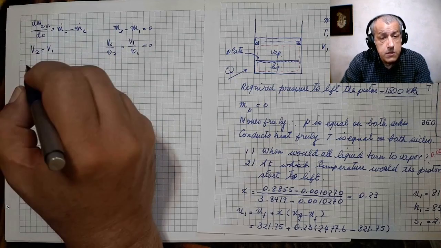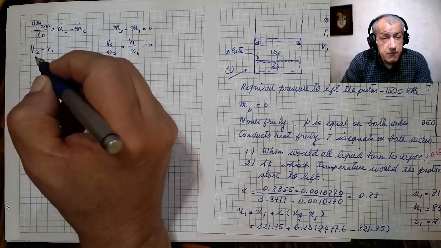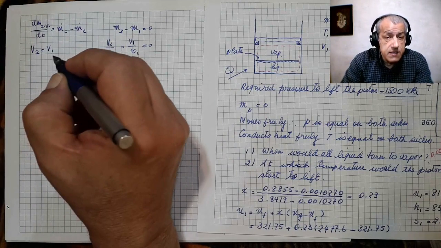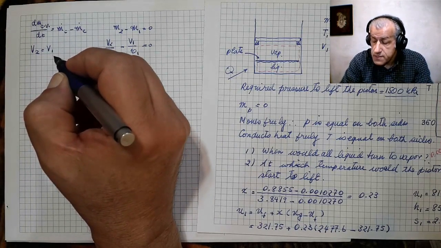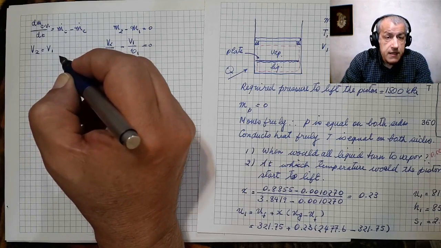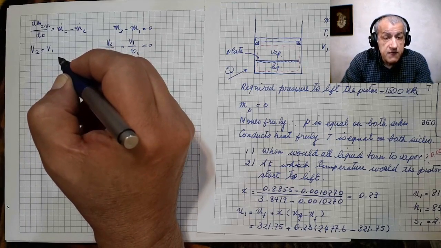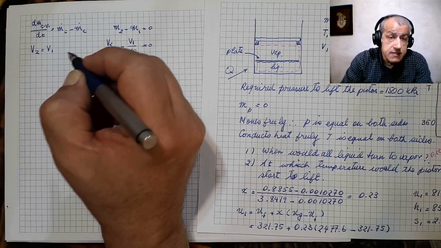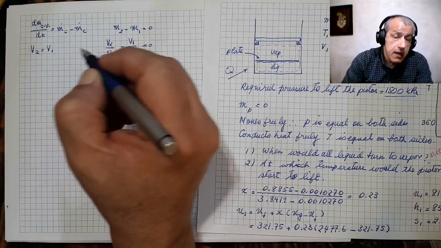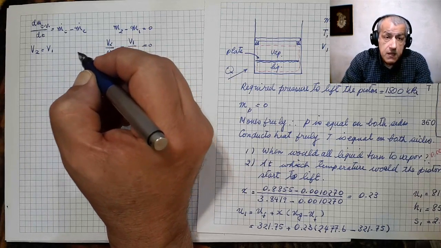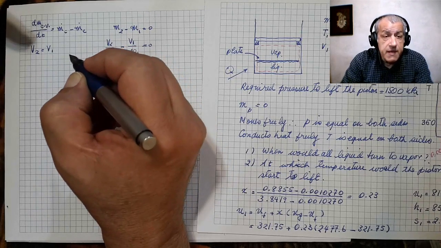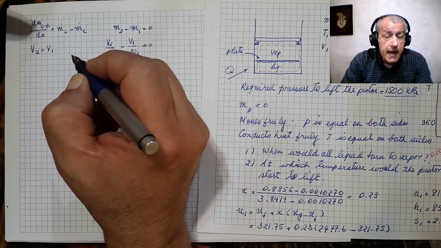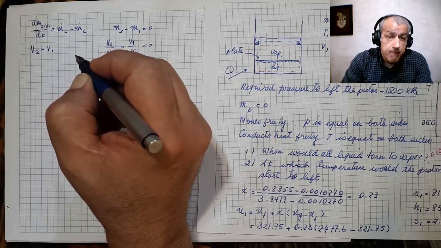We know that v2 equals v1. We don't know it, but for the time being, since the pressure is smaller than the pressure that would lift the piston, at least we have two alternatives. First is that the volume remains constant and the pressure increases.